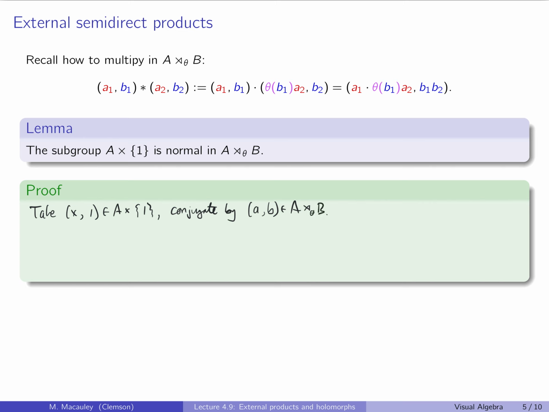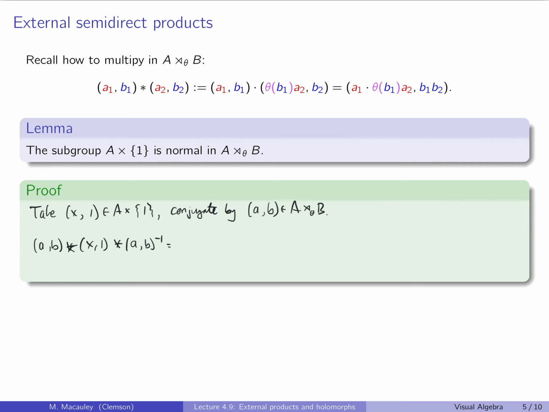So we get (a, b) star (x, 1) star (a, b) inverse.